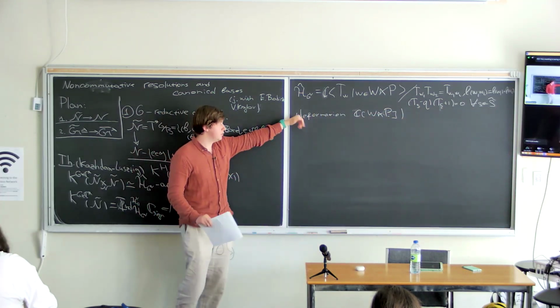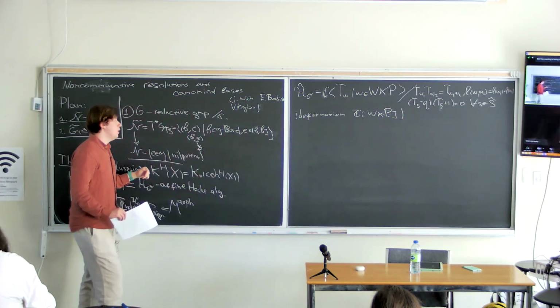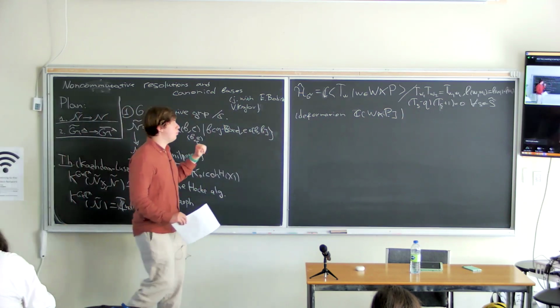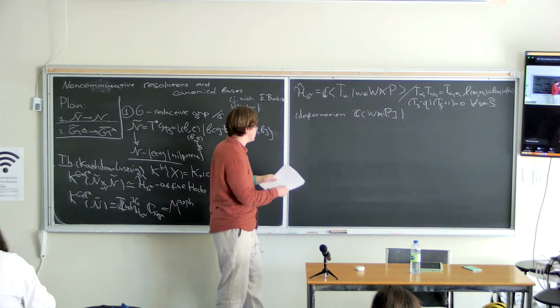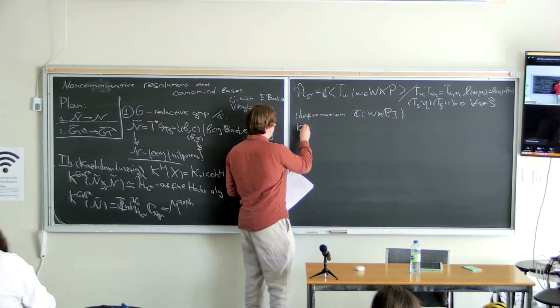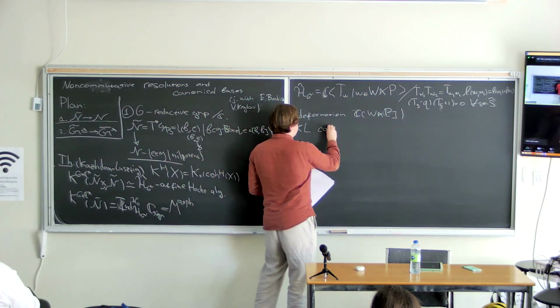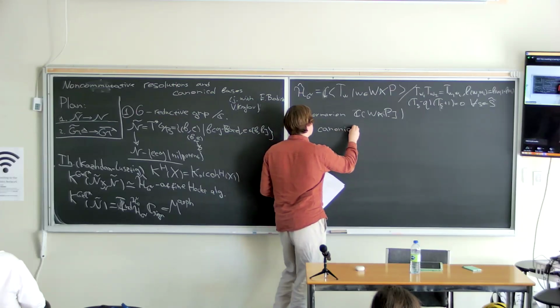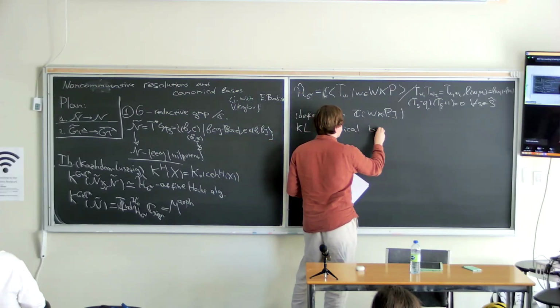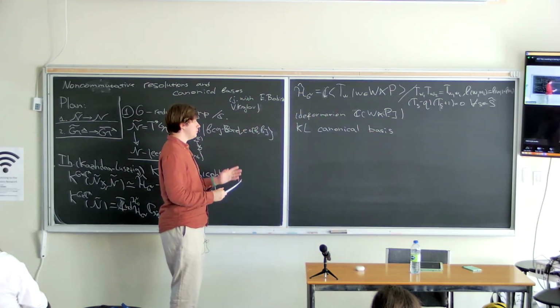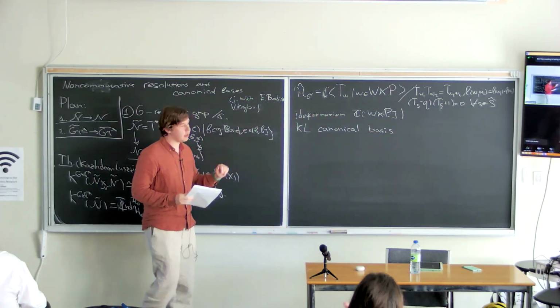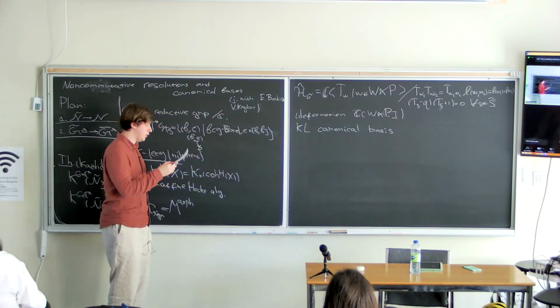This is a very important algebra, and what's also important is that it has a certain basis called the Kazhdan-Lusztig canonical basis. I'll remind what the Kazhdan-Lusztig canonical basis is.